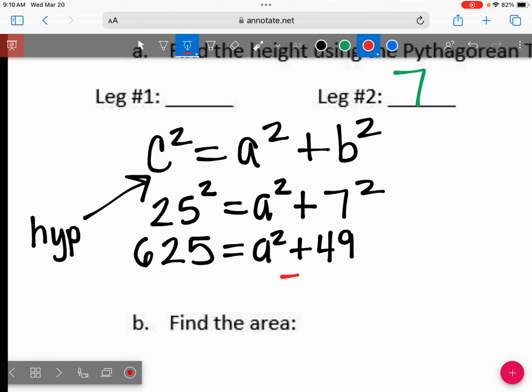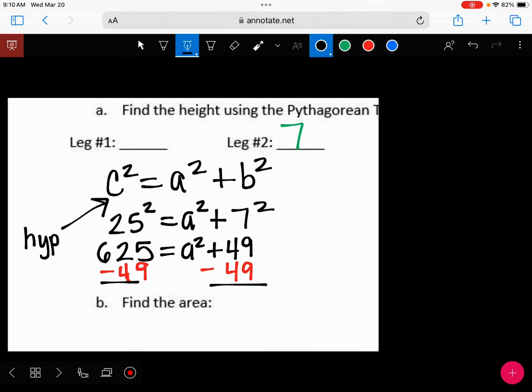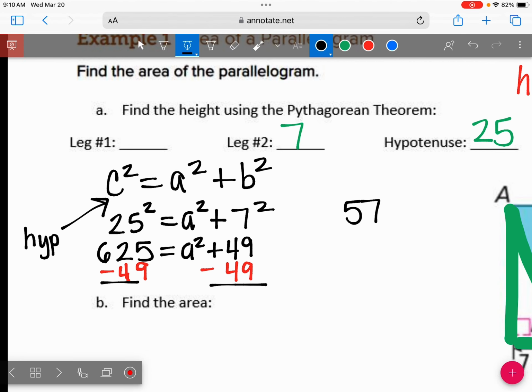So what we have to do, and what you had to do on the test, you should have subtracted that. So pick up your calculator. Figure out what is 625 minus 49. 625 minus 49, 576. So 576 equals a squared or height squared.